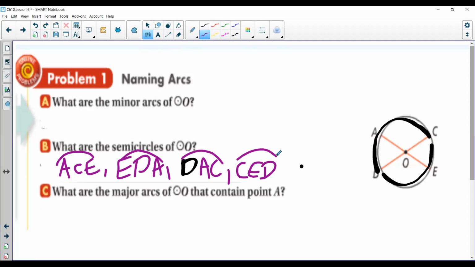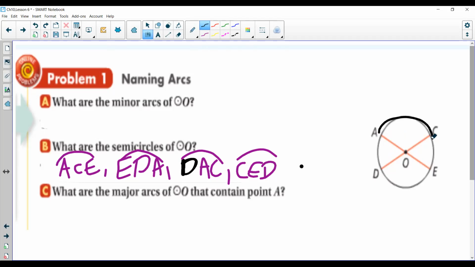Teacher, can I say the semicircle is AC and CE and ED and DA? No, AC is not a semicircle. Look at AC here. Is AC a semicircle?